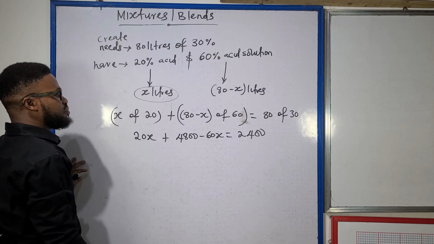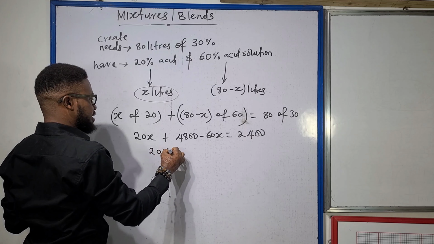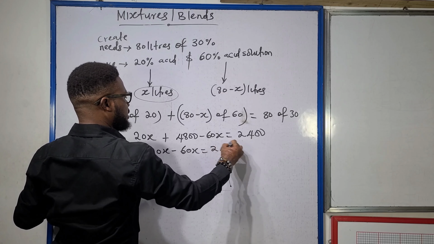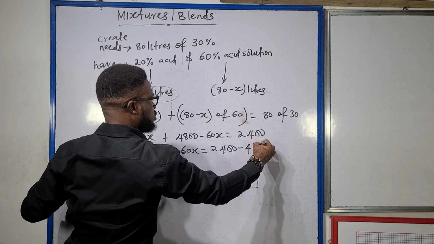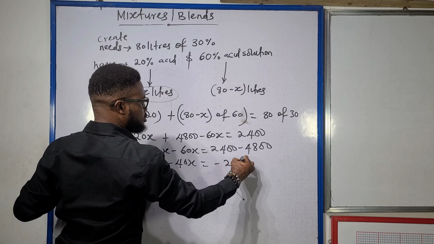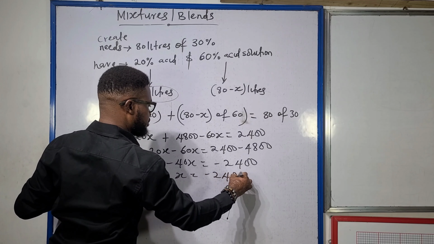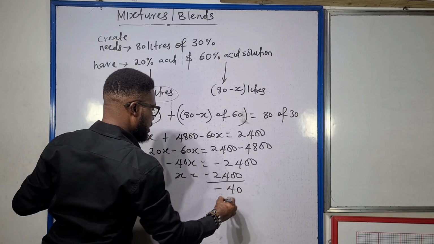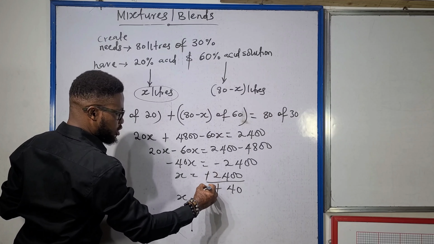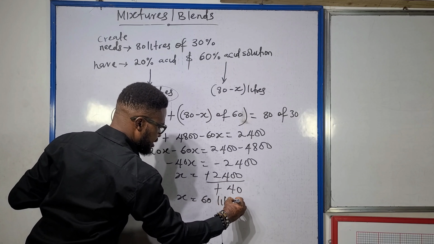So what I have here is 20x minus 60x equals 2,400 minus 4,800. Minus 40x equals minus 2,400. So x equals minus 2,400 divided by minus 40, so that my x equals 60 liters.